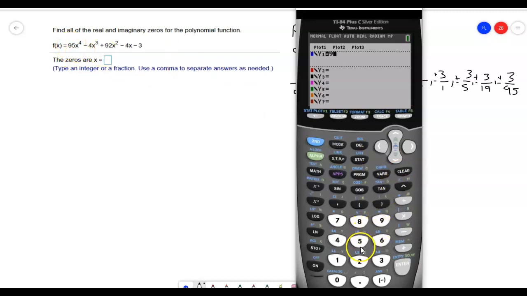So I have 95x raised to the 4th power minus 4x cubed, plus 92x squared, minus 4x, minus 3. All right, so we have a big old function here.